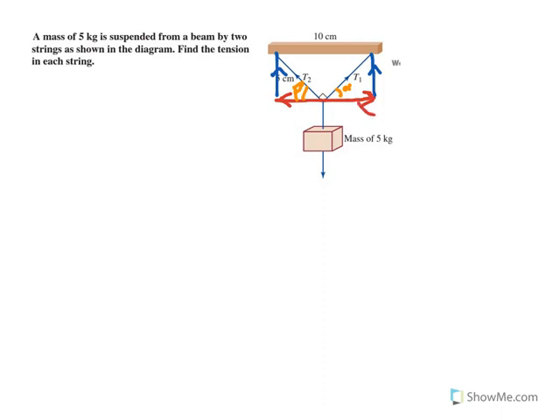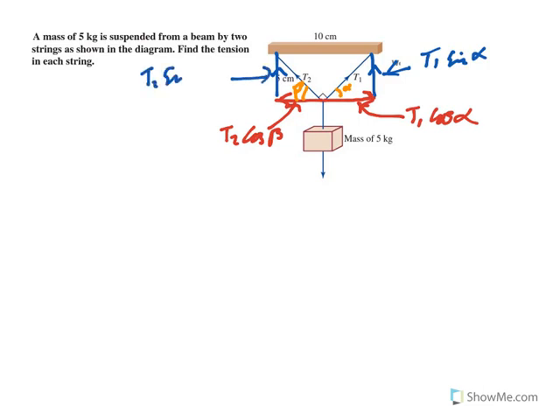So that force there would be T1 cos alpha. This force here would be T2 cos of beta. That force there would be T1 sine of alpha, and that force there would be T2 sine of beta.